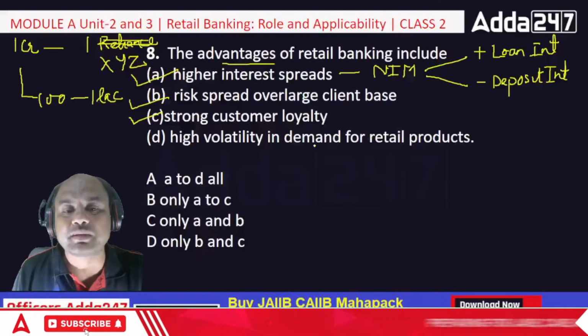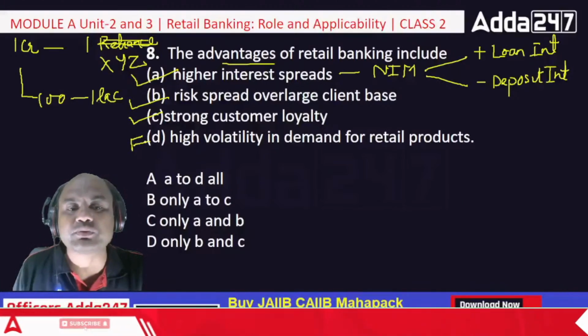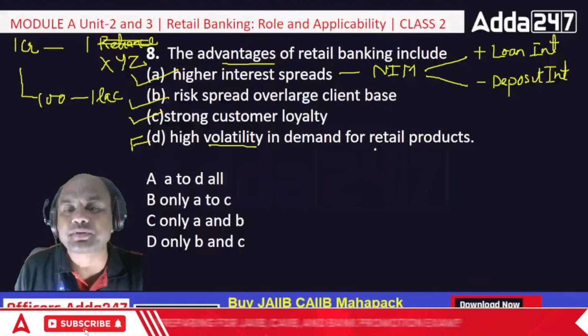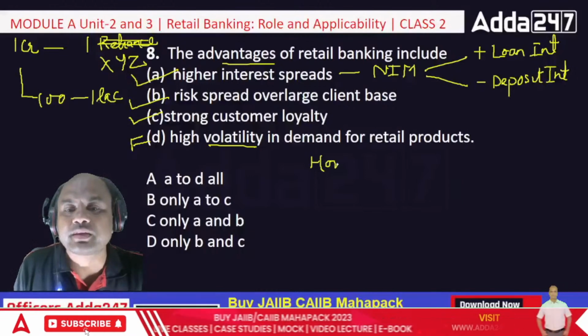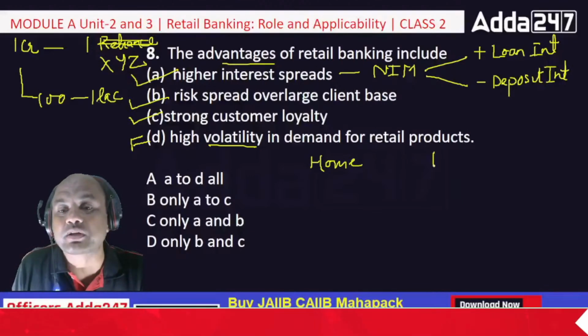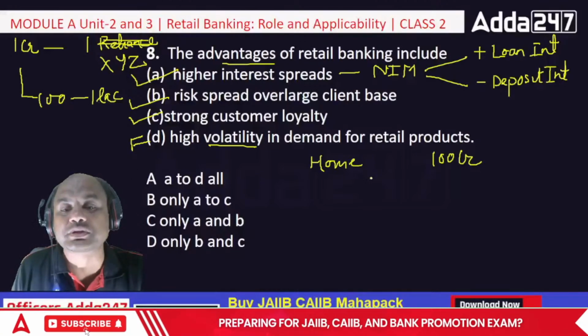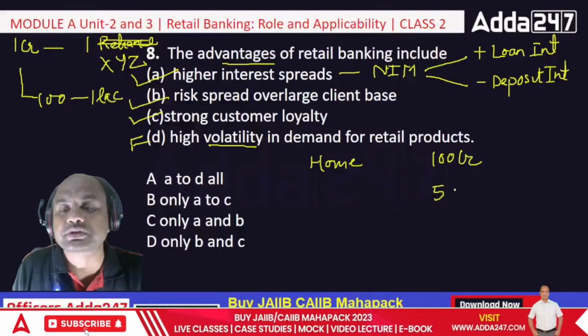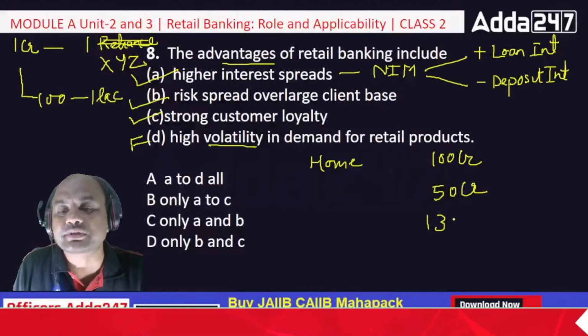High volatility in demand for retail products? No, that is false. Volatility means, for example, this year your home loans were 100 crores, next year they are 50 crores, and the year after that 130 crores.